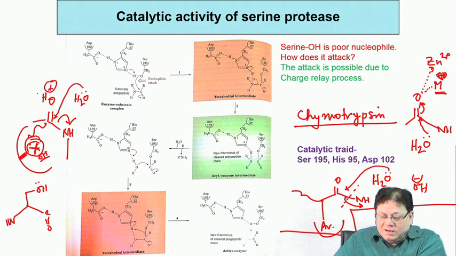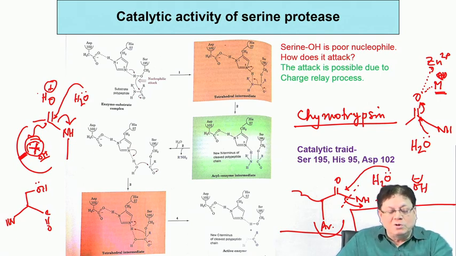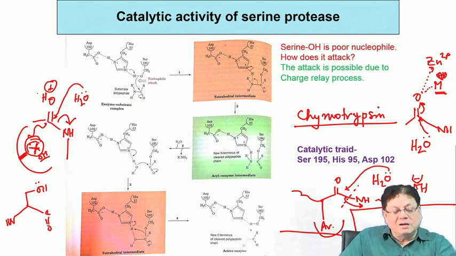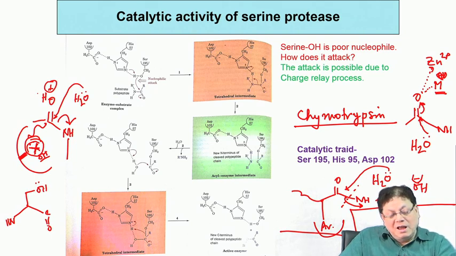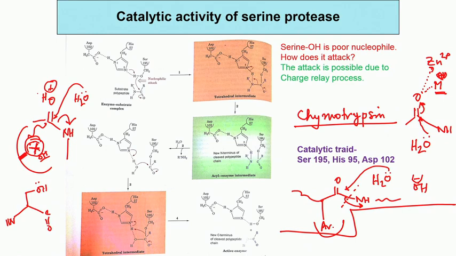This is one side, and on the other side you have a good nucleophile present in the enzyme, and as it is a good nucleophile, it attacks the carbonyl and this amide bond leaves. But in that case you see there is a covalent bond formation between the enzyme and the carbonyl carbon. Okay.